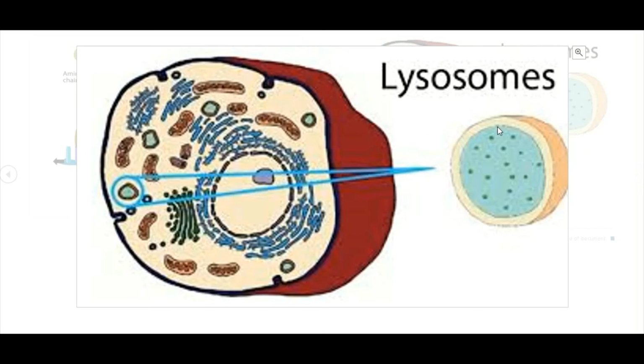Lysosomes are also responsible for breaking down macromolecules. I've mentioned this word before. One of the macromolecules is your lipids. The other three are carbohydrates, nucleic acids, and proteins. So lysosomes are able to break them down and also to get rid of the waste. In the factory, they will be the garbage disposal guys. So that's a good way to remember them.